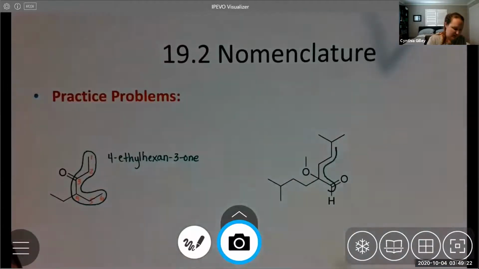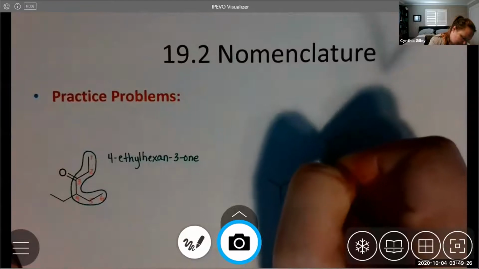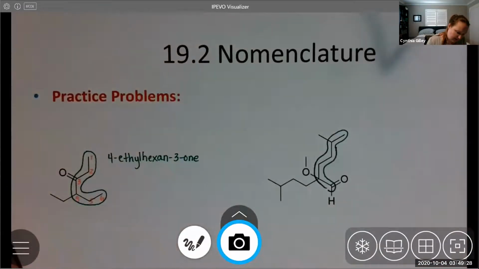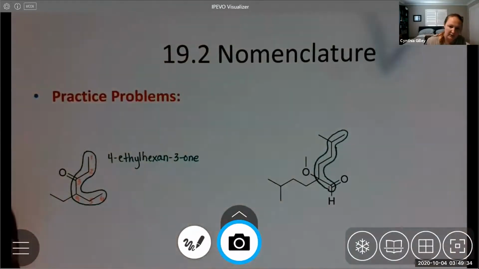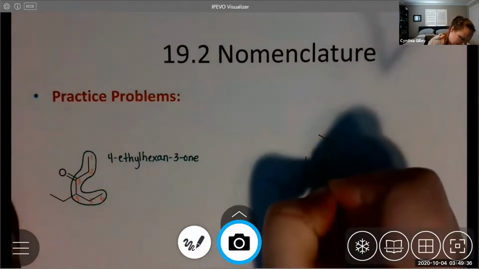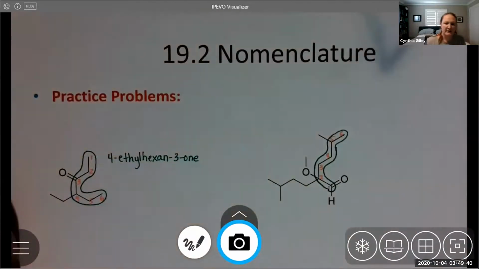And again, with the 2 methyls, it doesn't really matter which one you pick. Just circle one for the parent. In terms of numbering, we're always going to start with carbon number 1 at the aldehyde carbon. So that becomes 2, 3, 4, 5, and 6. So we do still have 6 carbons, but now it's named as an aldehyde.